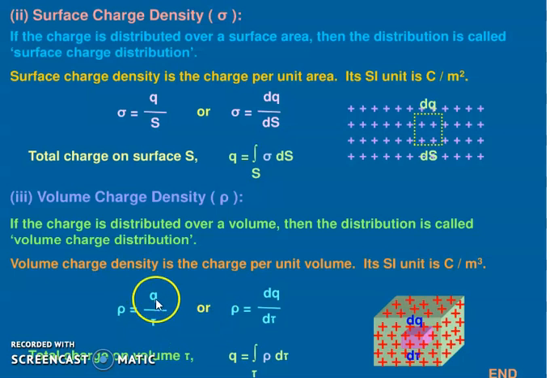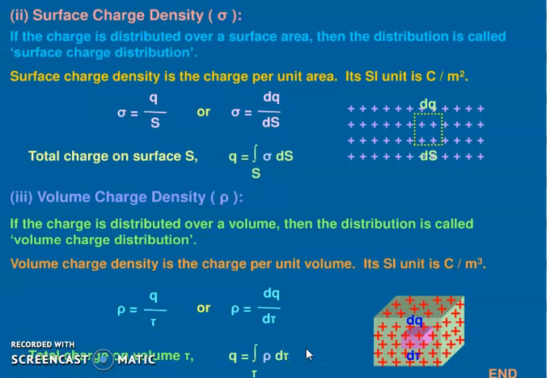Charge per unit volume can also be represented as dq by d tau, if tau is the volume. Here we can write V also, dV or q by V. If we choose a small section, then definitely it would be dV. So rho will be equal to dq by dV. So the net charge, or total charge, on volume V would be Q equal to the volume integral of rho dV. So this is the description of volume charge distribution.